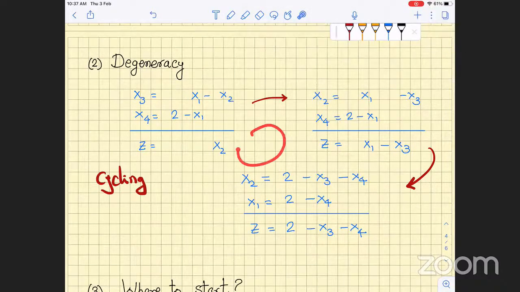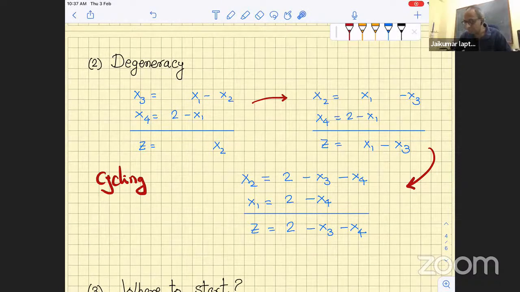Jaykumar says that in a non-degenerate case, we are always improving the objective. Yes, in the non-degenerate case, we are improving the objective. As long as you are trying to increase the value of an independent variable, whenever you increase its value, the objective function increases.